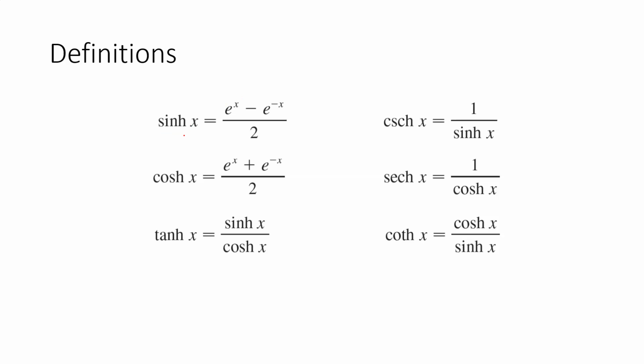So, for instance, a hyperbolic sine doesn't repeat itself periodically, or same with hyperbolic cosine. But they do maintain a lot of the properties that the traditional trig functions really do have. So we'll try and recognize how they're similar.